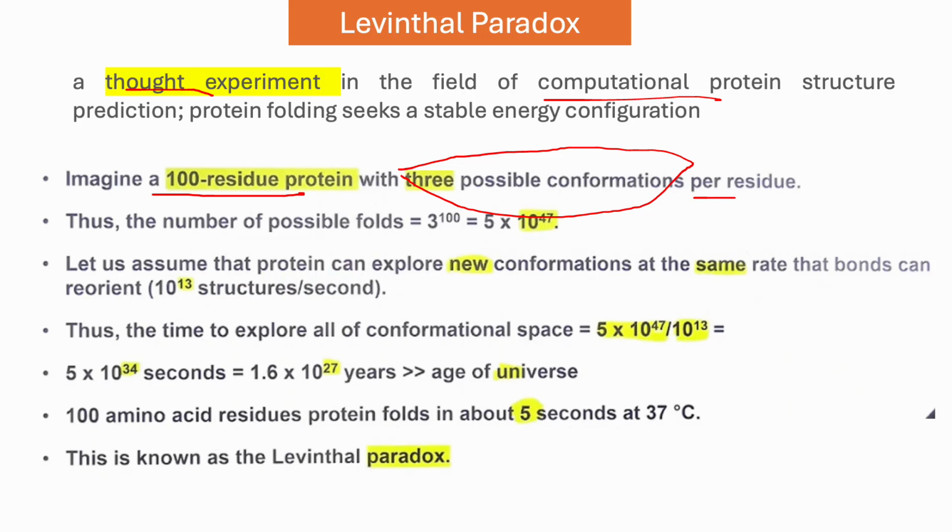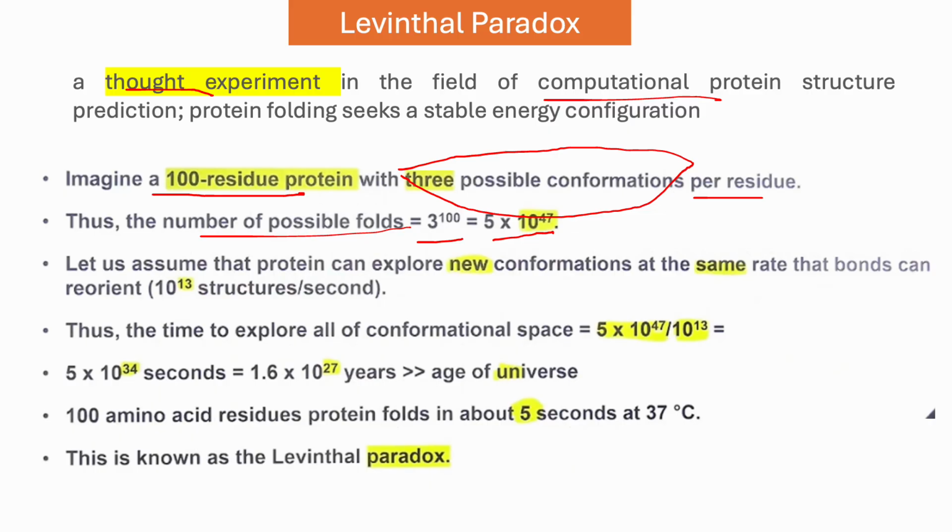That means for each of these 100 amino acids there are three possible conformations. So the total number of possible folds will be 3 to the power 100, that is 5 times 10 to the power 47. That means these 100 amino acid residues can form 5 times 10 to the power 47 possible conformations.